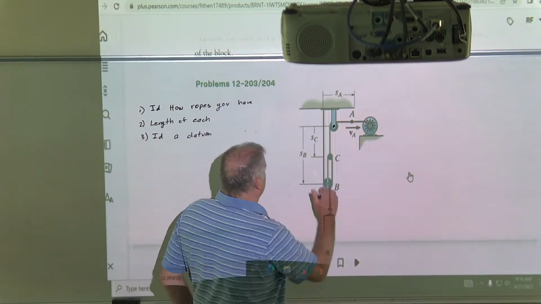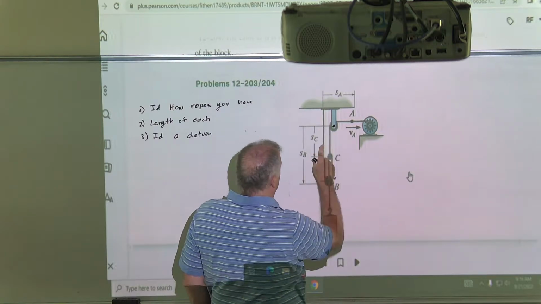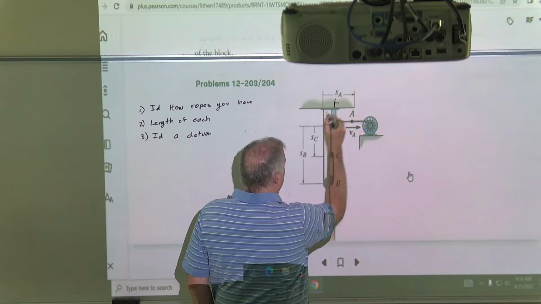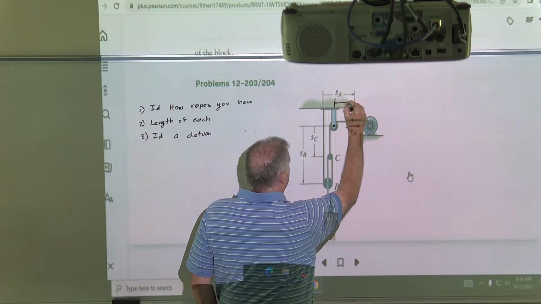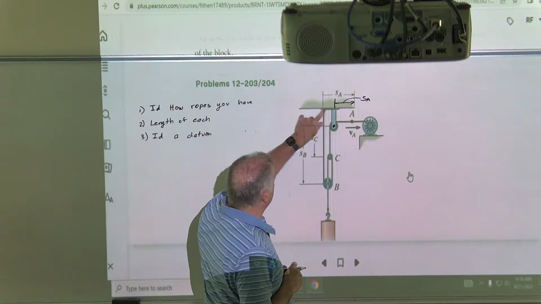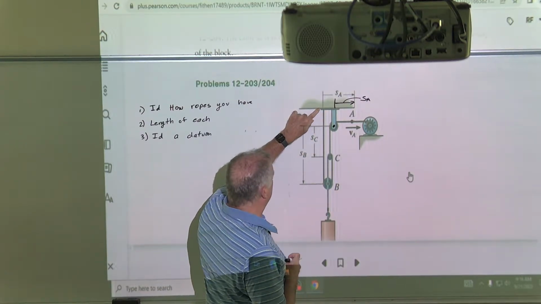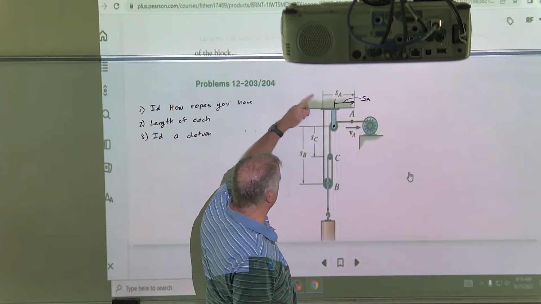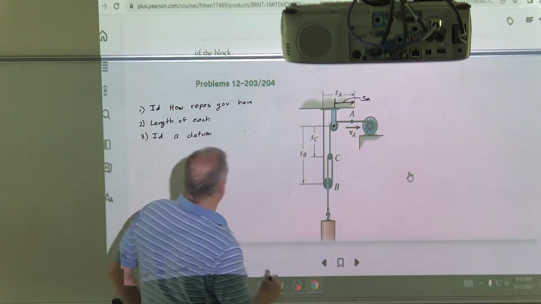Then he's done this. Now, I would not have done it from here. I would have done it from here over to A. It really doesn't matter that he and I disagree on this, because the distance between here and here doesn't change.